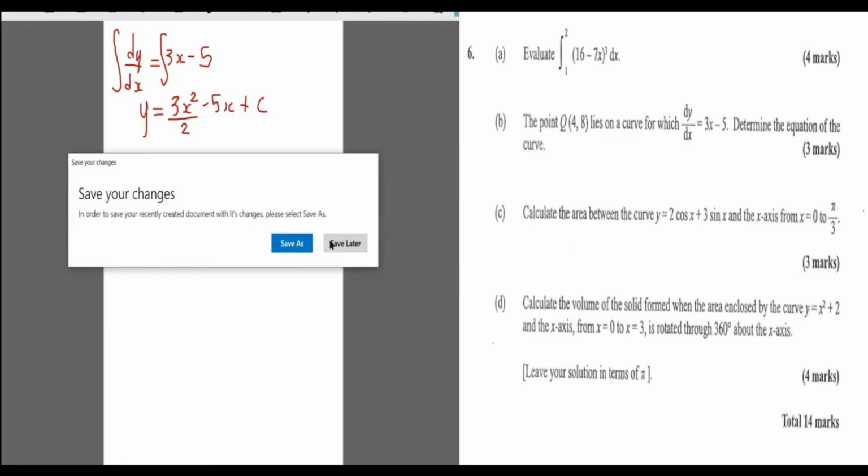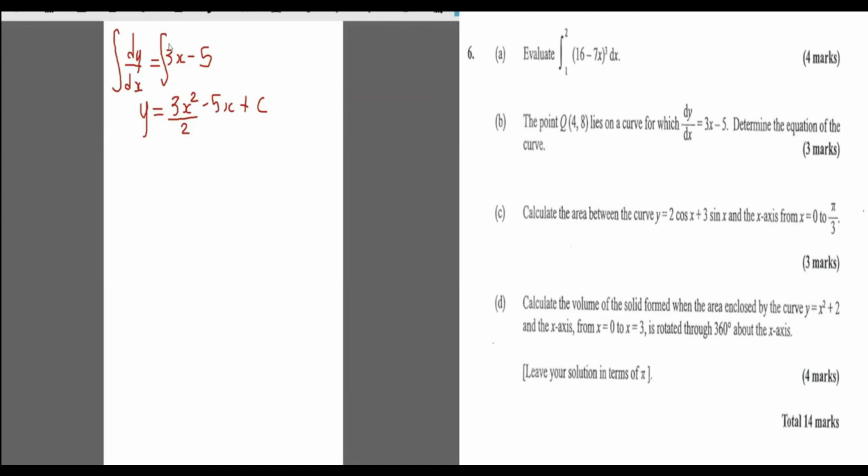But they told us that Q is the point (4, 8). So what we can do is substitute the x value and the y value into the equation of the curve to find C. All right, so let's go ahead and do that.